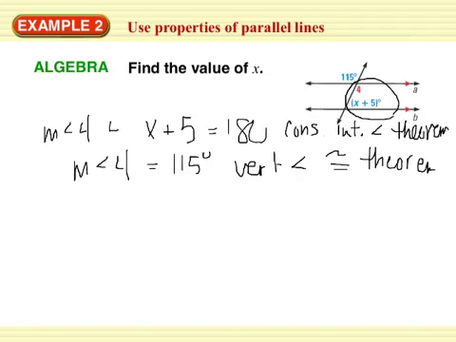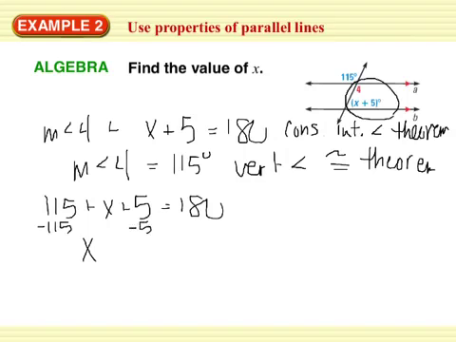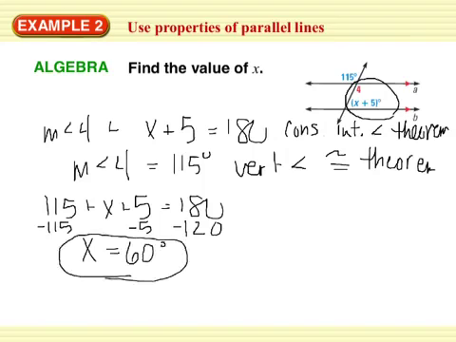All right, so let's substitute. 115 plus x plus 5 equals 180. That's 120, so I'm going to subtract 115, subtract 5. That means I'm subtracting 120, and that gives me x equals 60 degrees. That's it.